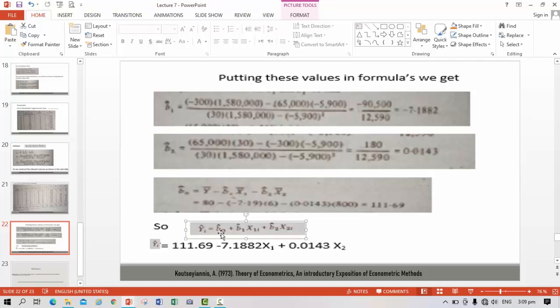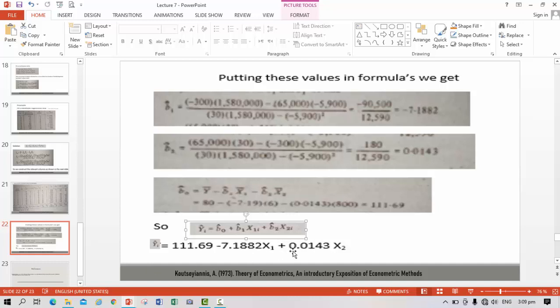By putting in this equation, we know that b0 hat is 111.69, plus b1 hat is minus 7.1188 times x1, plus the value of beta 2 hat, which is 0.0143. So this becomes the estimated regression line.